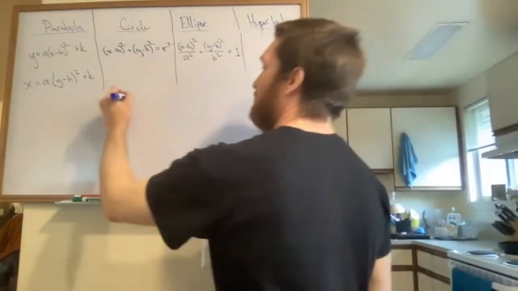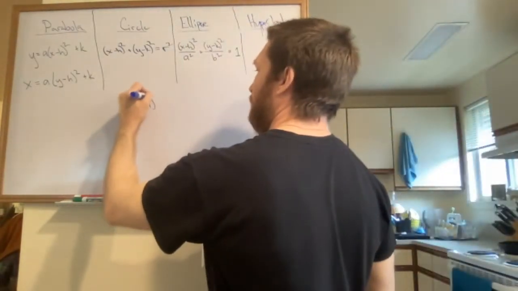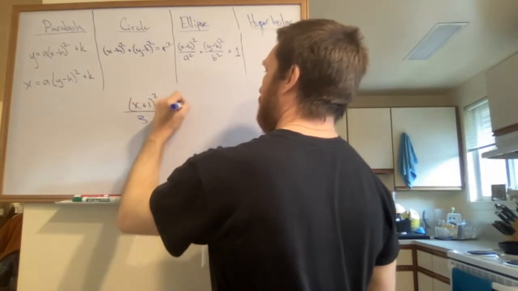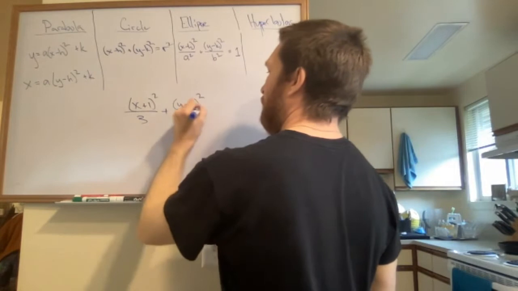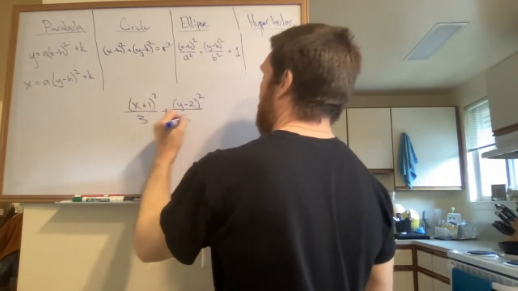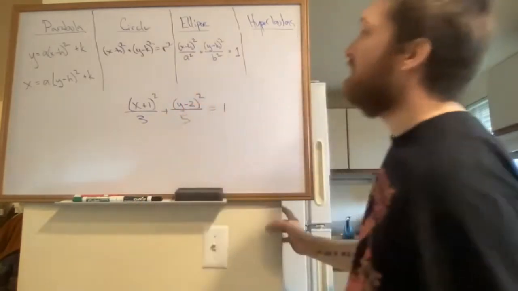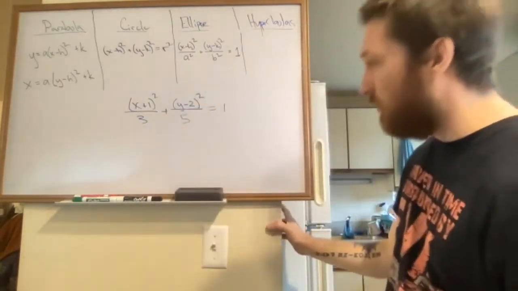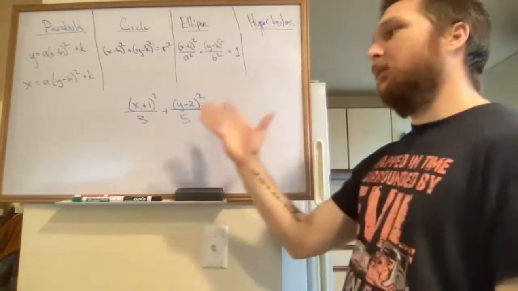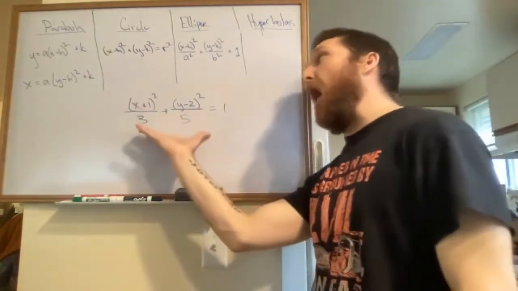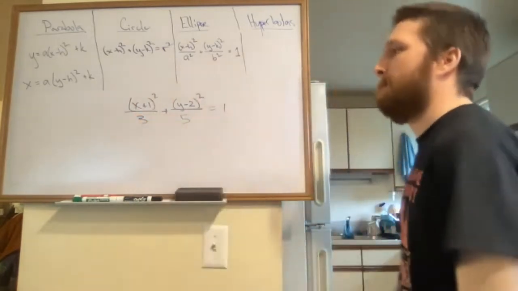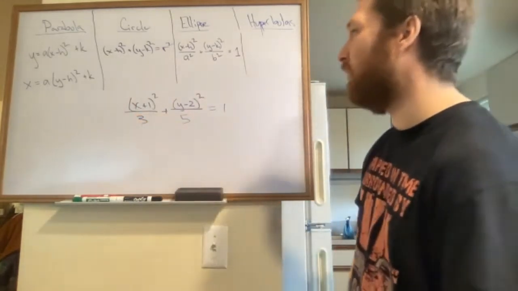So for instance, this is not in standard form. How could I take this, which I say is not in standard form, and put it into standard form? What do I need to do?